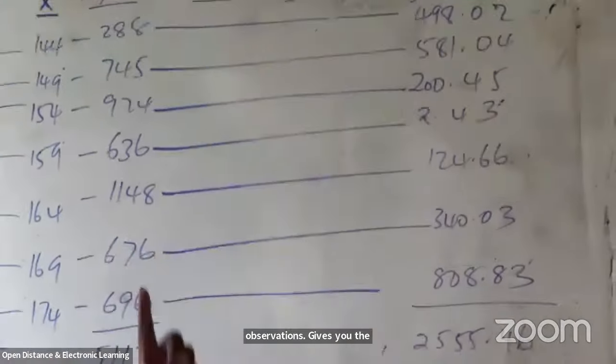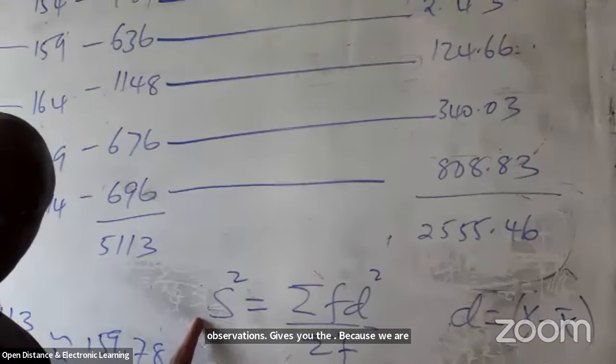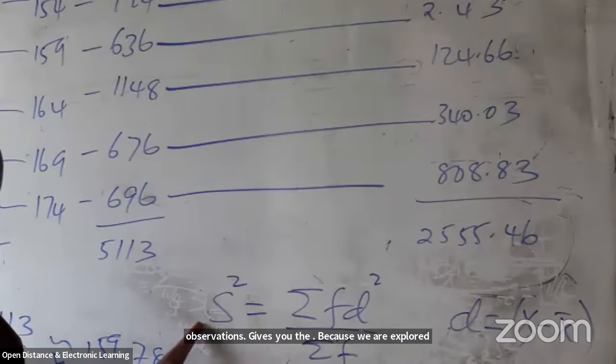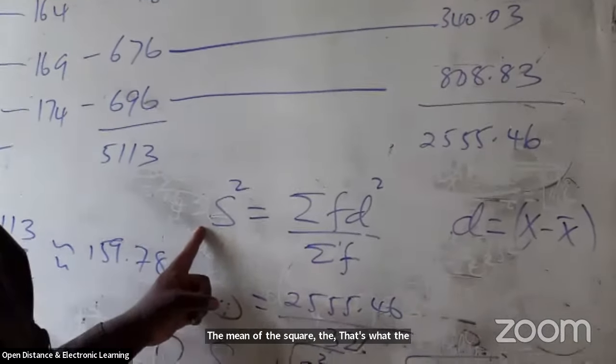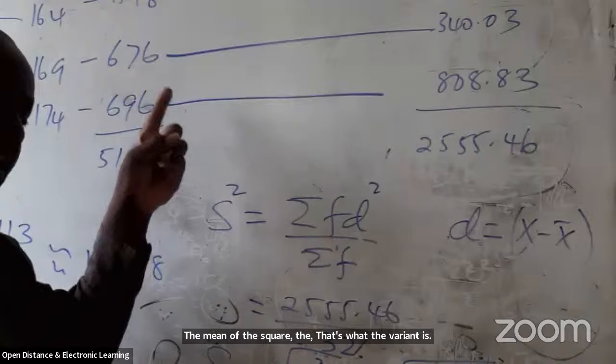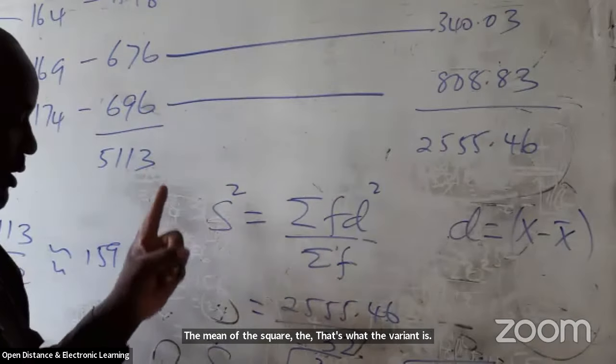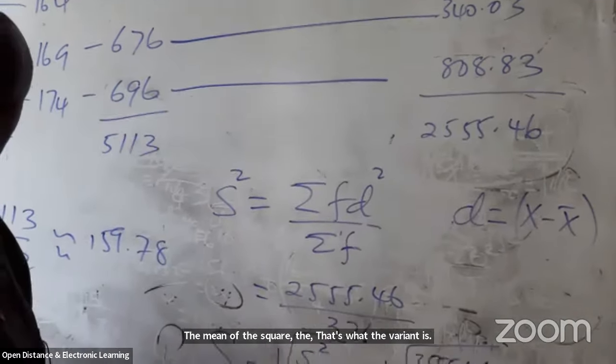Because we had squared, that's the variance, the mean of the squared deviations. Now, because you had squared, the positive square root of the variance is what gives you the standard deviation.